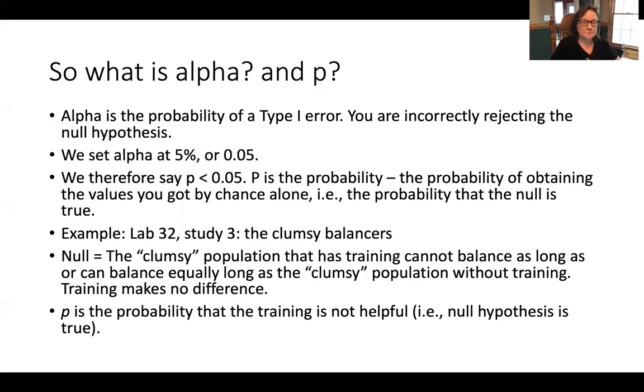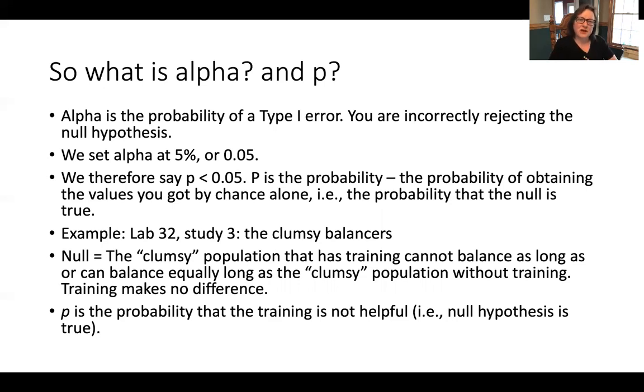We don't want to put P at 0.6, because then there's a 60% chance that what you found was not the null hypothesis, and that's not useful. It's more likely that it is the null than not the null. So we want it to be a pretty slim chance that what we found was different from the null. We want to be pretty stringent about our standards in terms of seeing something scientifically.